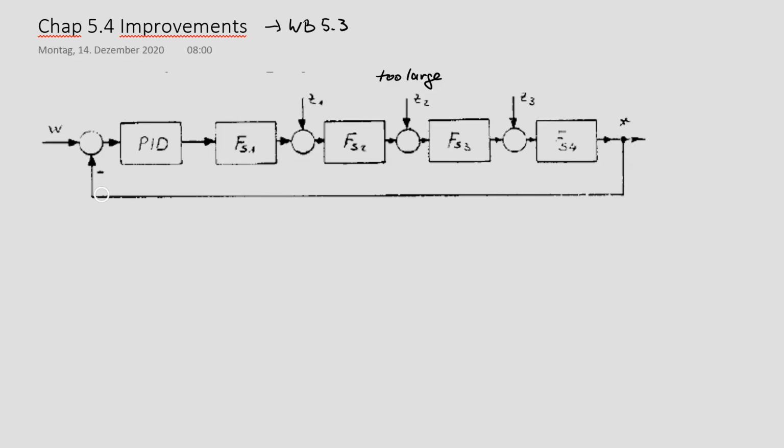Then this change of X causes a reaction, which could be very fast due to the differentiator, but this reaction has to run through FS1 and through FS2, and only then the compensation can start. So the signal has to run through the complete loop before any reaction could affect and compensate Z2. That is the problem of a single loop system. So the tricks are based on the principle: can I shorten this way? Then I will be faster.